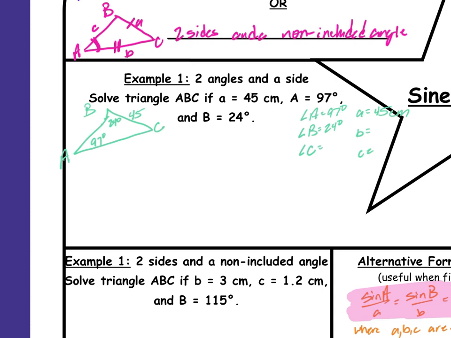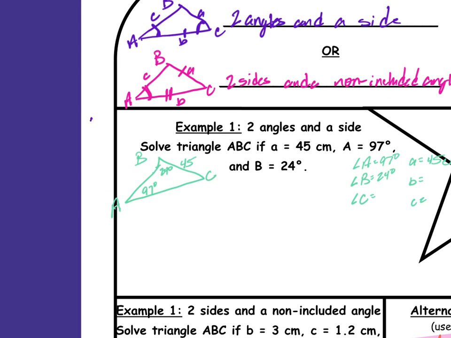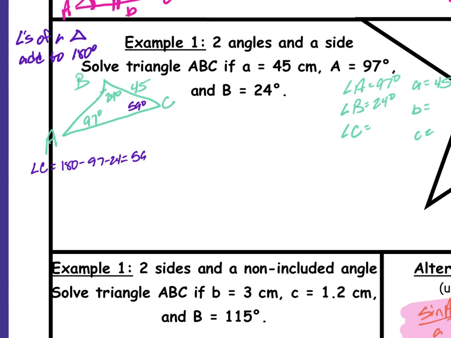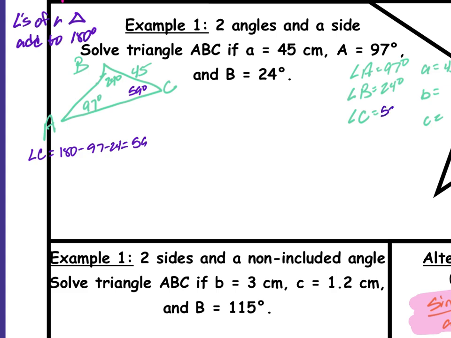The angles of a triangle all add up to 180 degrees. So if I know 2 out of the 3, angle C is going to equal 180 minus 97 minus 24, which is 59. So this angle is going to be 59 degrees.